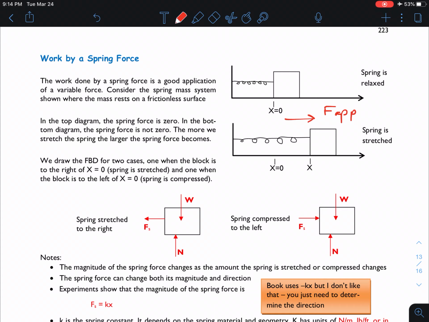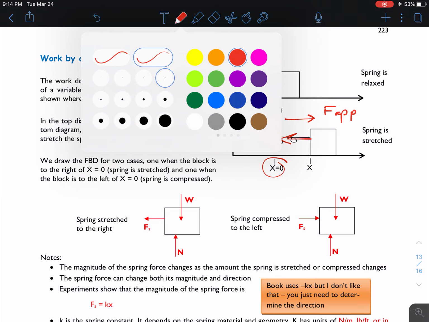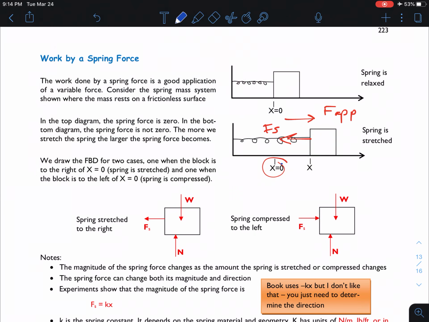Because of that pull, the object is no longer in the relaxed position, and it feels a force towards the relaxed position. This is the spring force. One thing I want you to realize: the spring force is to the left in this specific case, but the displacement is to the right, in the form of x.